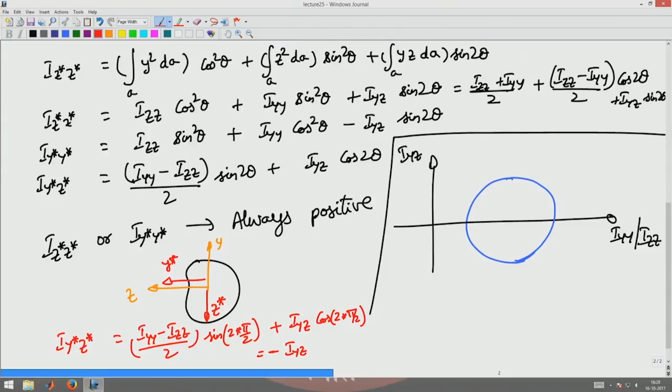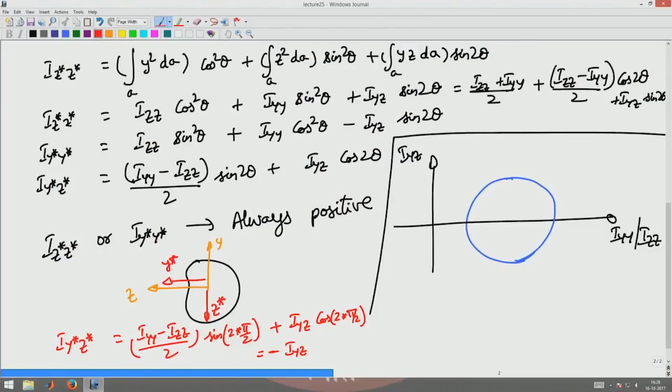So what this means is that there will be a point where Iyz goes to 0. Between 0 and 90 degrees there will exist an orientation of the axis where Iyz is 0, because Iyz is a continuous function of theta and it changes sign as theta varies from 0 to 90 degrees. That axis where Iyz is 0 is the principal axis.